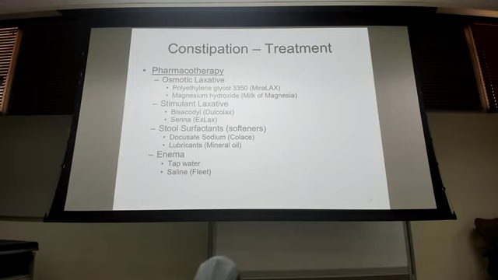That doesn't work, then we go to stimulants. Senna, or the bisacodyl, Dulcolax. Moving further down the line, we can talk about stool surfactants or stool softeners to help ease passing those hard stools. Docusate or lubricants, mineral oil.